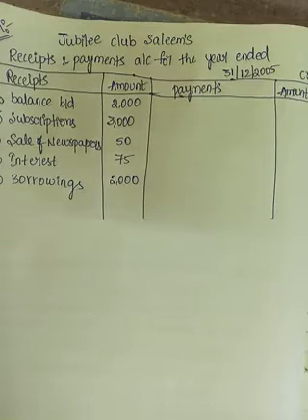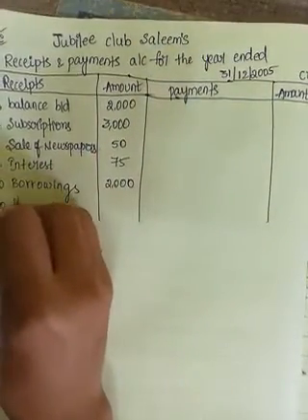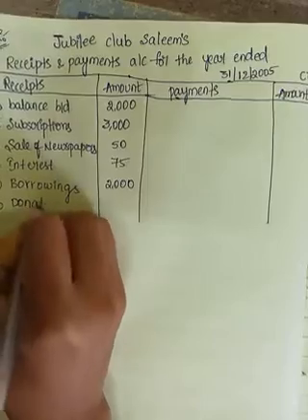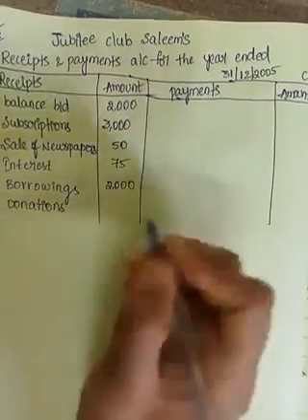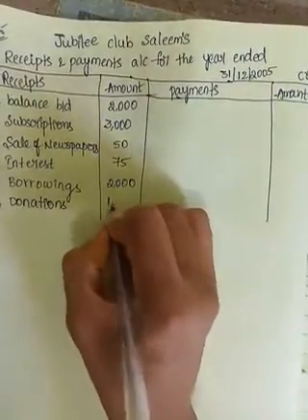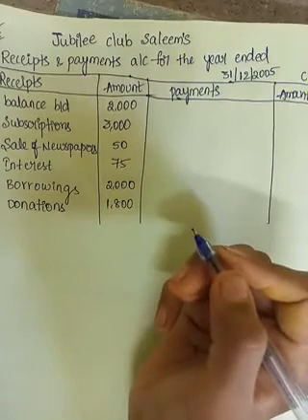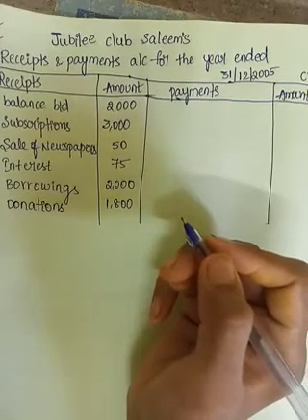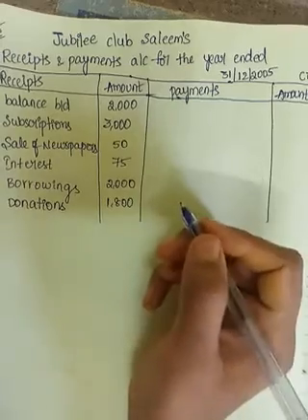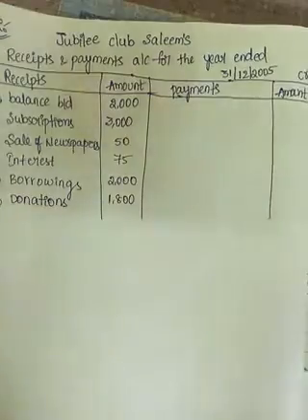Next is to donations received is 1800. Next, coming to the payment side, is paid the outstanding creditors.